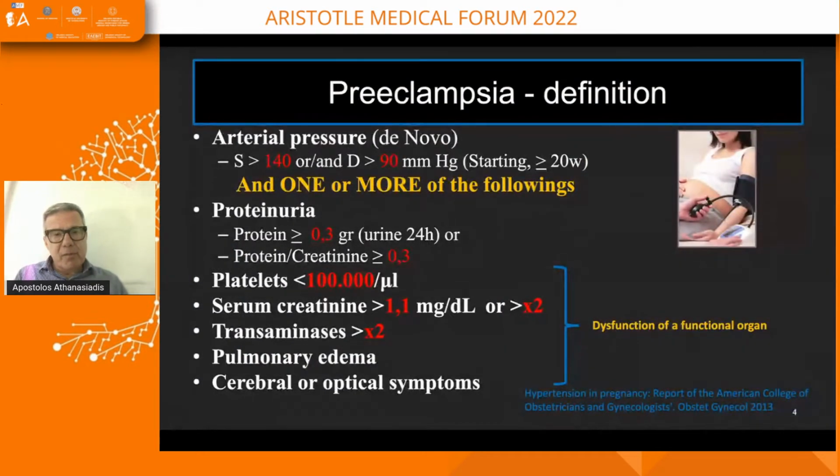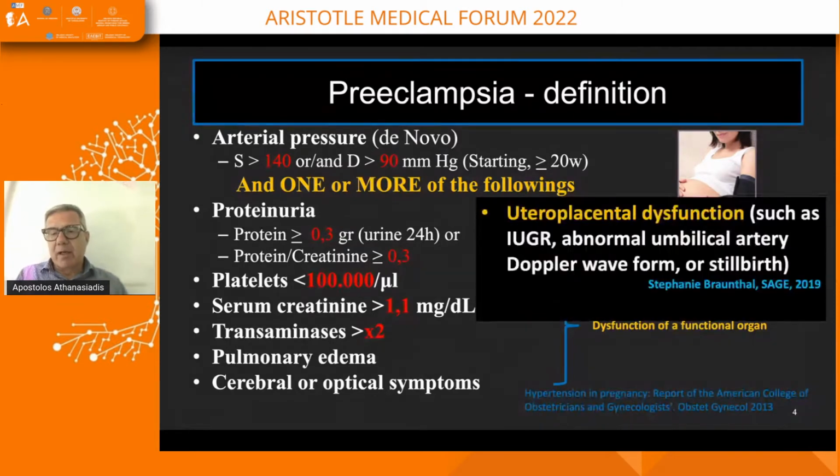From 2013, preeclampsia is not only proteinuria plus arterial pressure, but also the involvement of other systems, such as decreased platelets, increased serum creatinine, liver enzymes, pulmonary edema, cerebral and optical systems, but also the offspring, that is the uteroplacental ischemia, the placenta ischemia, and what this causes to the pregnancy.